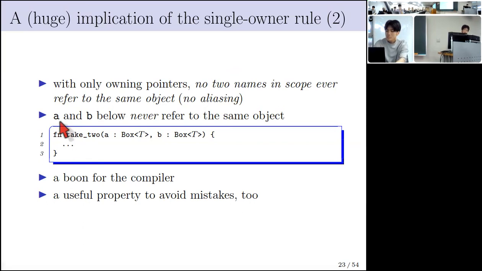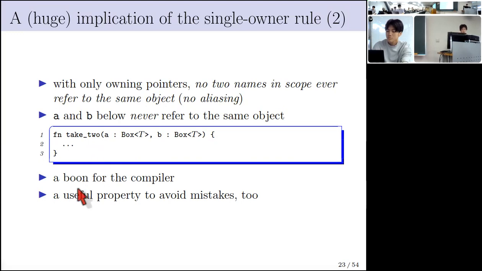As a concrete example, let's say you have a function that takes two Box<T> pointers. It never happens that A and B point to the same data, because there's only one owning pointer to a single data structure.